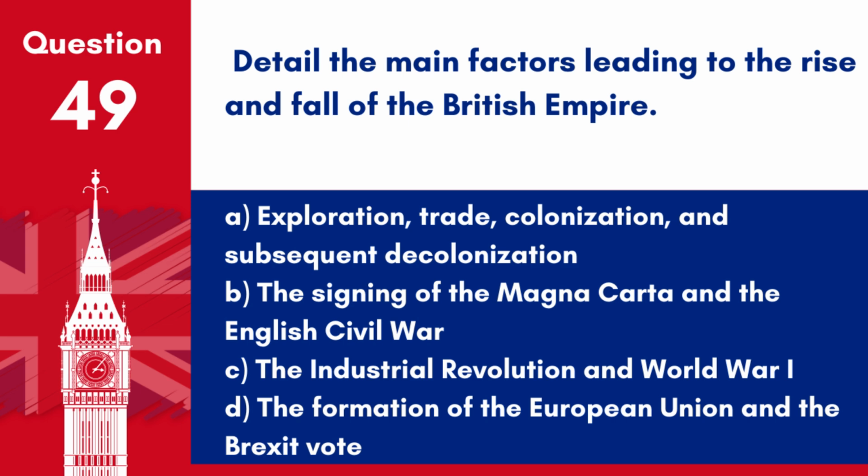C. The Industrial Revolution and World War I. D. The formation of the European Union and the Brexit vote. Answer. A. Exploration, trade, colonization, and subsequent decolonization. The rise and fall of the British Empire were driven by exploration, trade, colonization, and the subsequent movement towards decolonization.